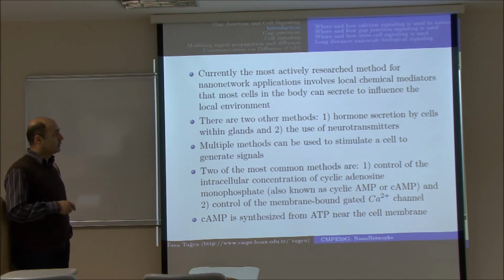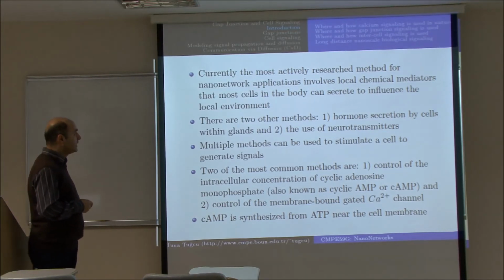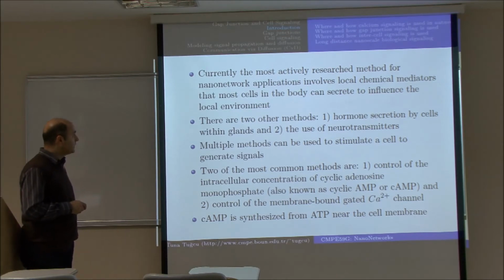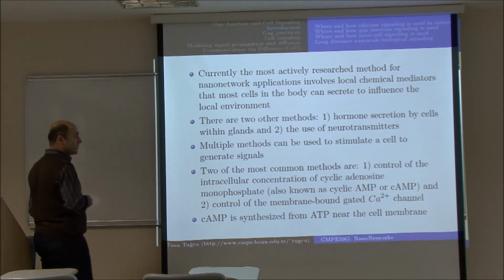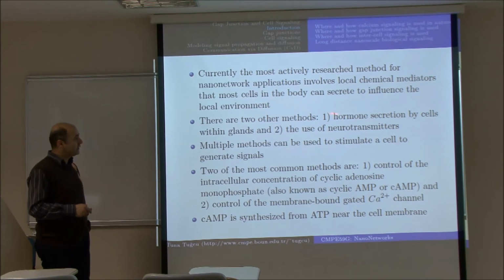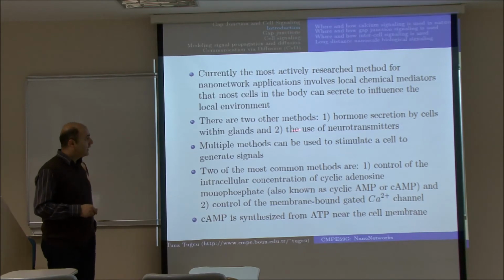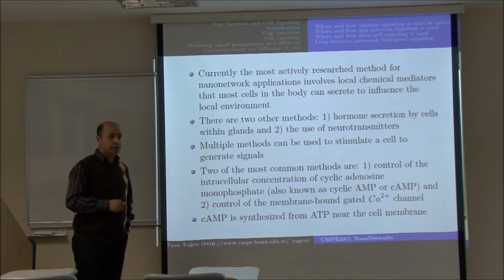Currently, the most actively researched area is on this topic, and it allows local chemical mediators that most cells in the body can secrete to communicate. And there are two methods. One is hormone secretion by cells within the glands, and the other is the use of neurotransmitters.